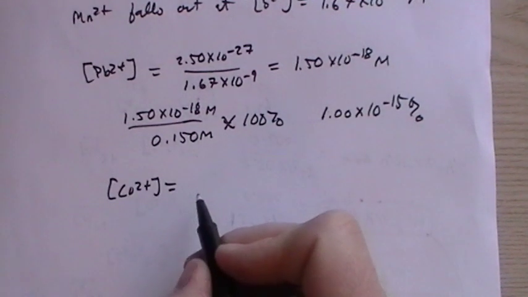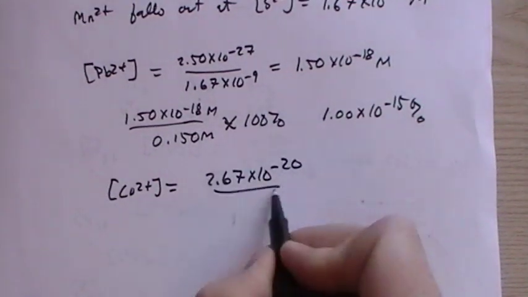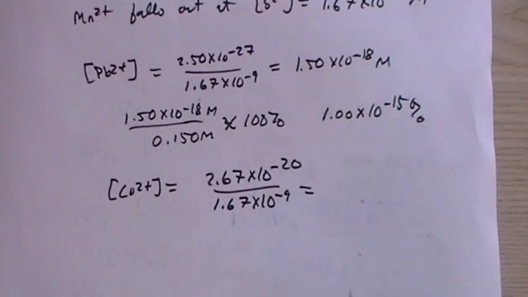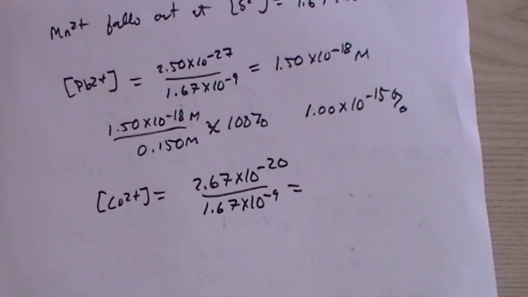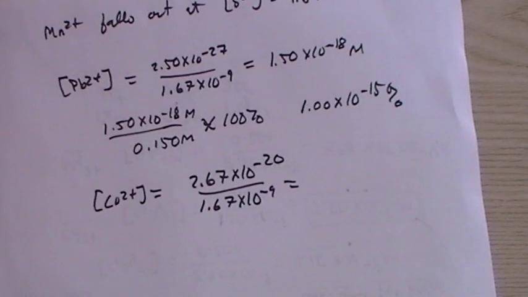will be 2.67. This is also going to be very small, I can already tell. And the more of these you do, the more you'll be able to tell that too. So this is 2.67 times 10 to the minus 20 divided by 1.67 times 10 to the minus 9.